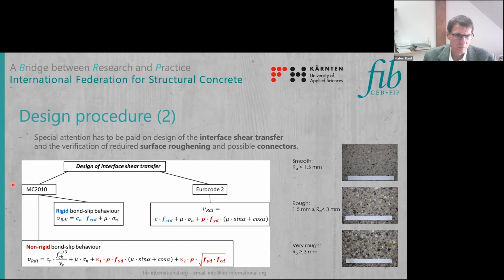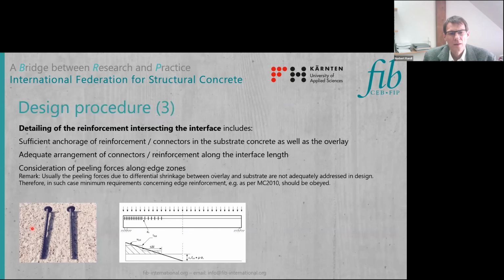The concepts between Model Code and Eurocode or also ACI code are very different, as Eurocode considers all effects together, meaning more or less plastic behavior of the connectors, and on the other side, full bond, which is differed in Model Code 2010. The detailing of the reinforcement is another specific topic in case reinforcement is required.